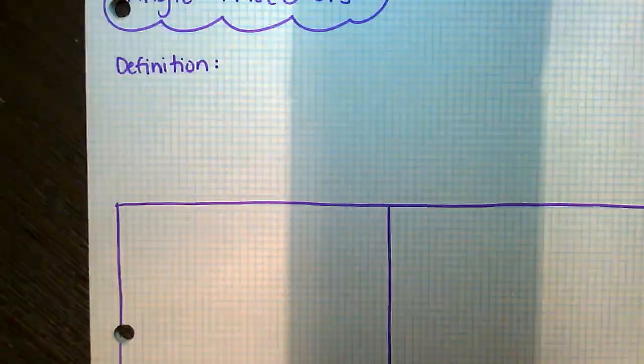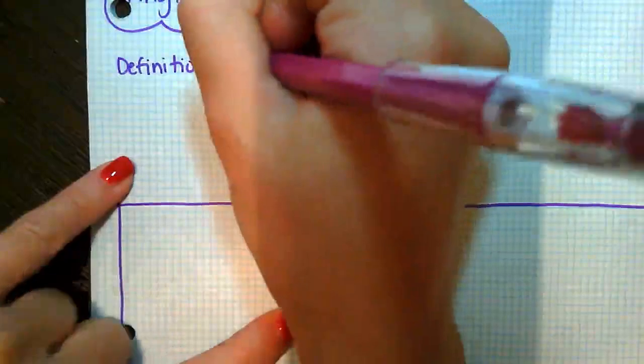All right, so for the last vocab word, angle trisectors, let's just jot down the definition.